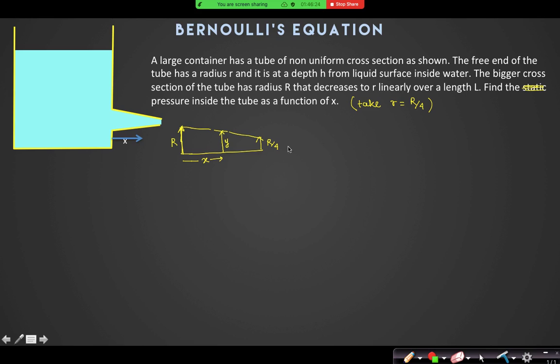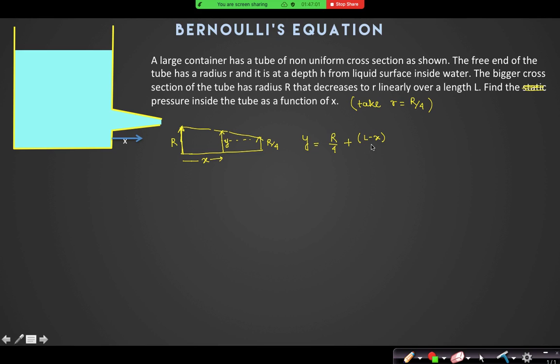What is y in terms of r? Sir, please wait. I'm saying y is r minus 3 into capital R into x divided by 4 into capital L. Y is equal to r by 4 plus this distance. Now this distance is this length, which is L minus x, multiplied by tan theta.